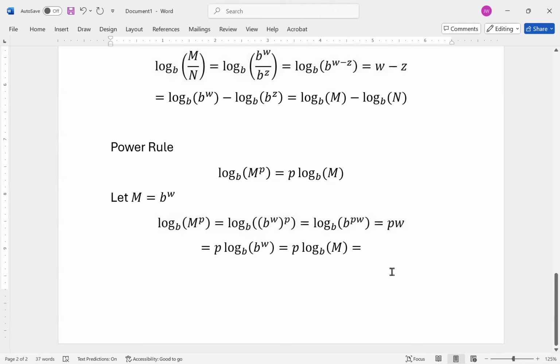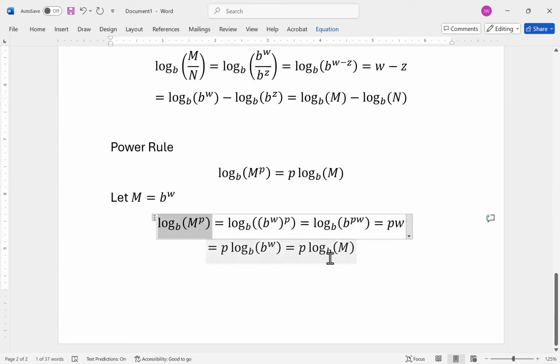The exponent logarithm inverse property says we can just pull off the exponent. That becomes p times w. We know that w is log base b of b to the w power. So we replace w with this. And that is p times log base b of m, which shows the power rule. The power rule says log base b of m to the p power is p times log base b of m.